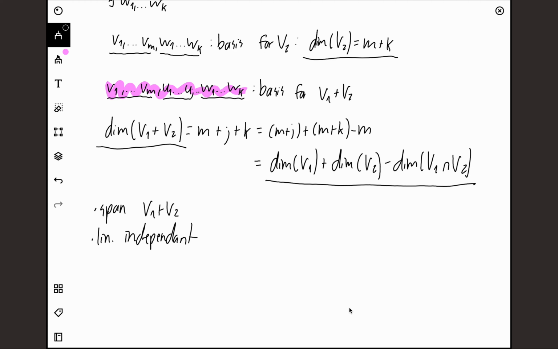The first part is really easy, because v1 to vm and u1 to uj span the space V1, and v1 to vm and w1 to wk span the space V2, and all of these vectors are contained in V1 and V2, so they also span the space V1 plus V2. So this part's easy to check.